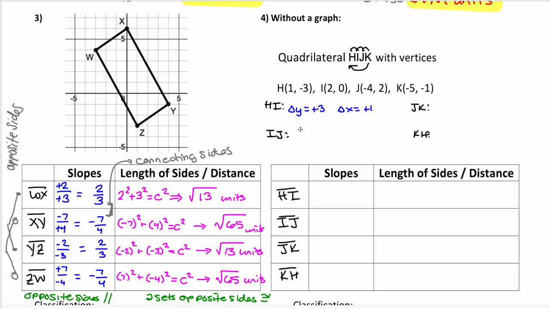Next, we have from I to J, our change in y goes from 0 to 2, which is adding 2. Our change in x is from 2 to -4, which is a subtraction of 6. Next, we have from J to K, our change in y from 2 to -1 is a subtraction of 3, and our change in x from -4 to -5 is a subtraction of 1.